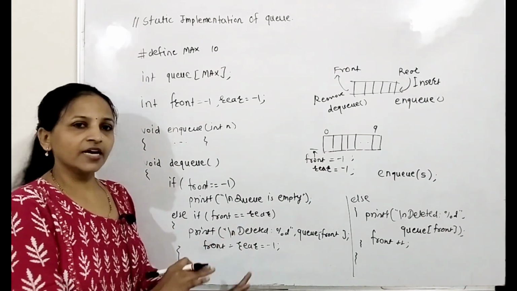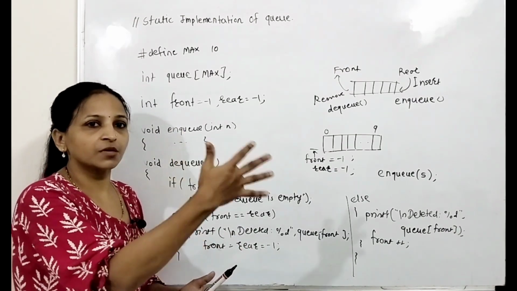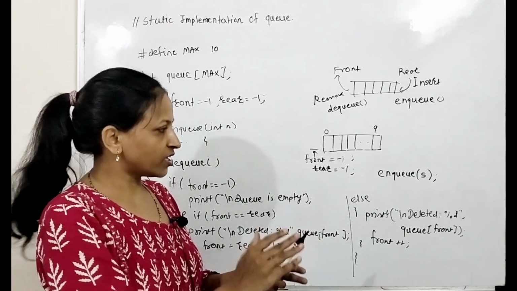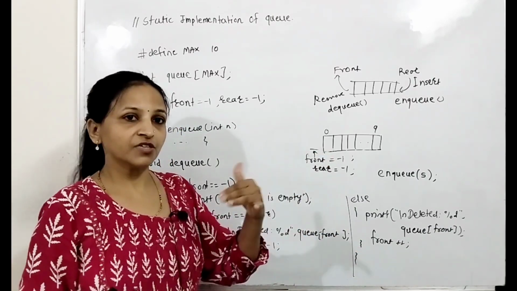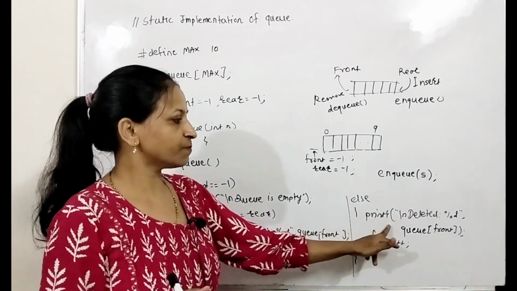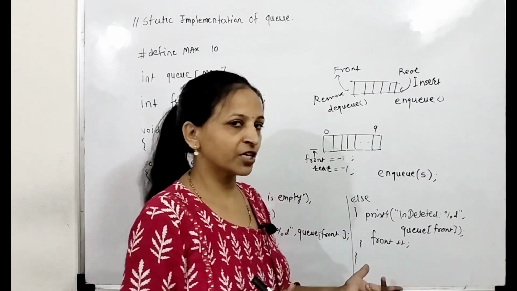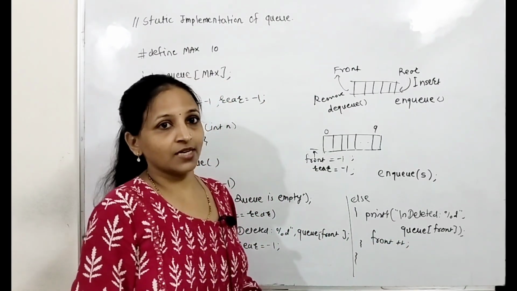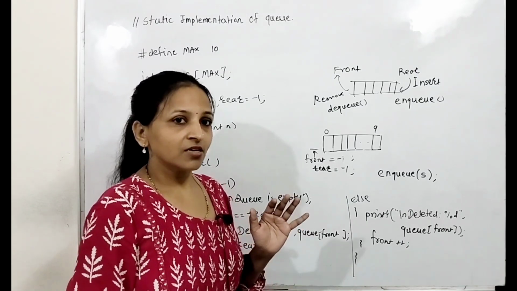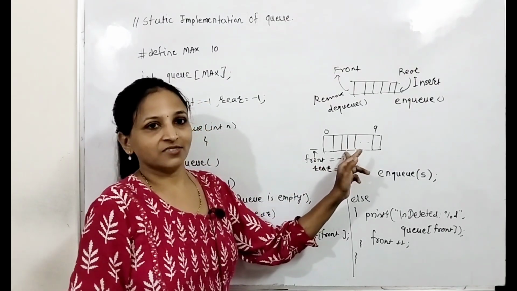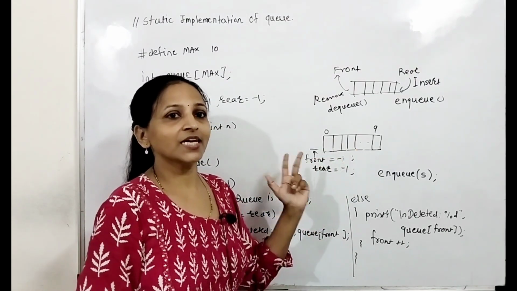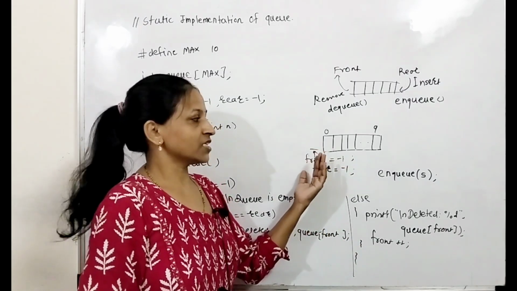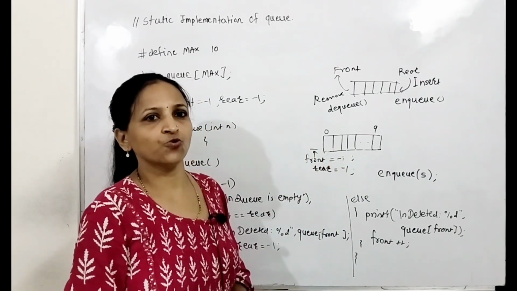Otherwise, that is the normal situation, we just increment the front only. Whatever element was present at front initially, we display as the deleted element from that queue. Actually we are not really deleting the element, we are just changing the front. Whatever element was present at that front location previously is now just a garbage value.